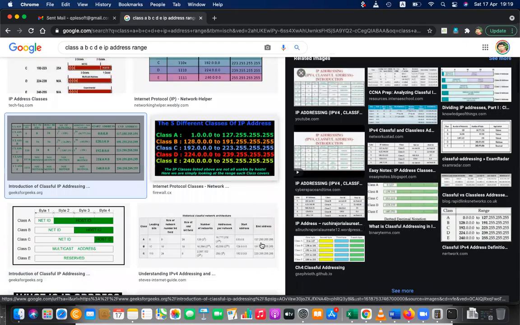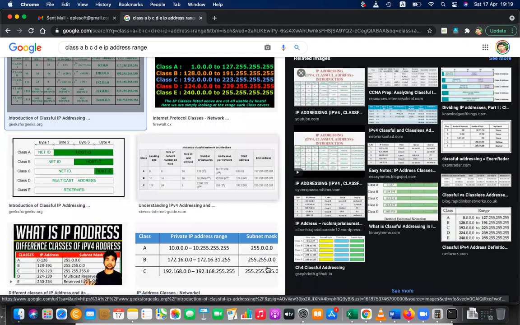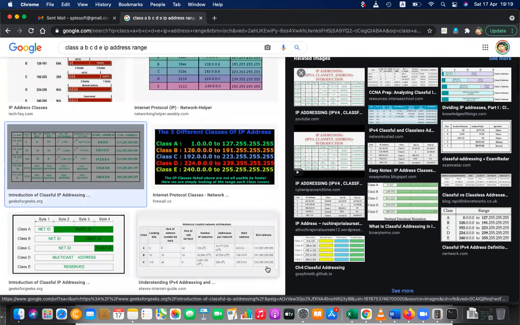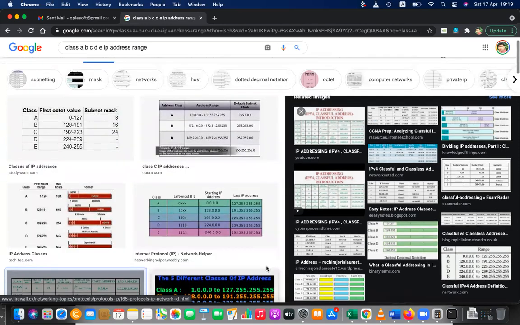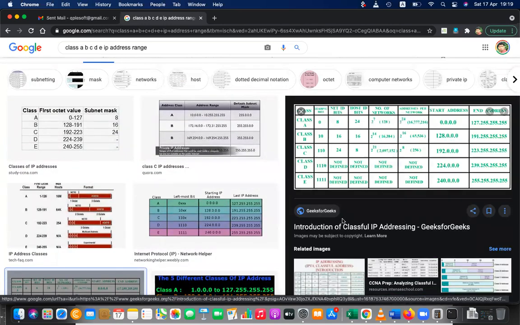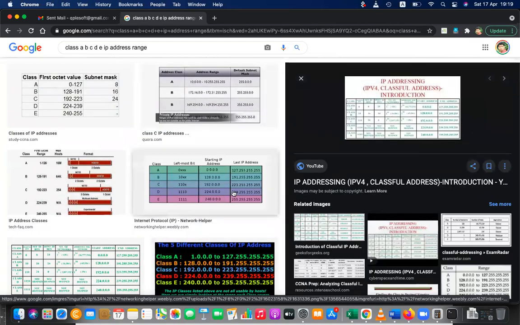So let's take the one with octet value also, right? Octet value, octet value, octet value. Let's switch to the previous one.